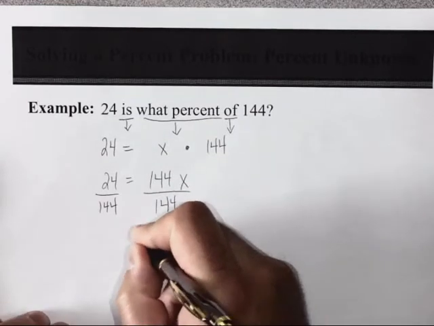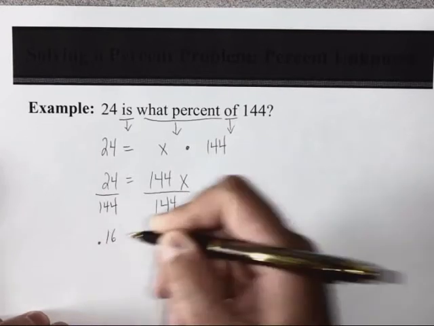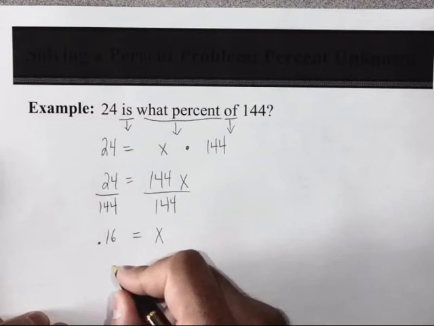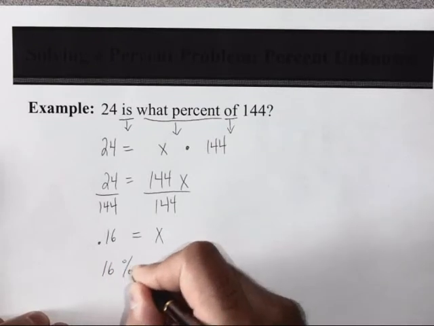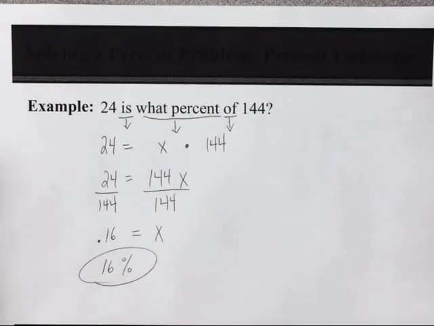So x equals 0.16. And so this is the percent as a decimal. So then the last step is to then make the decimal into a percentage. So move the decimal to the right 2 places, and that gives us 16%. So don't forget that last step when you're finding the percent.